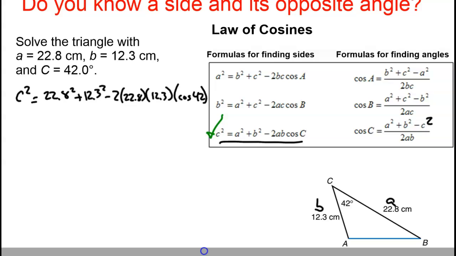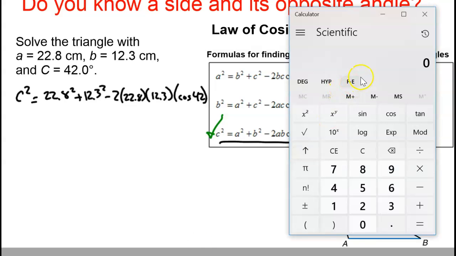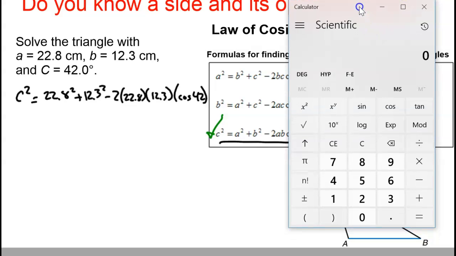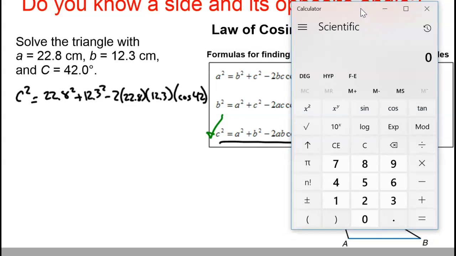Okay, now it's just plug and chug. Don't let all those numbers get you. It's just a longer formula. Anybody who did the last math class will remember how much fun some of these formulas are.